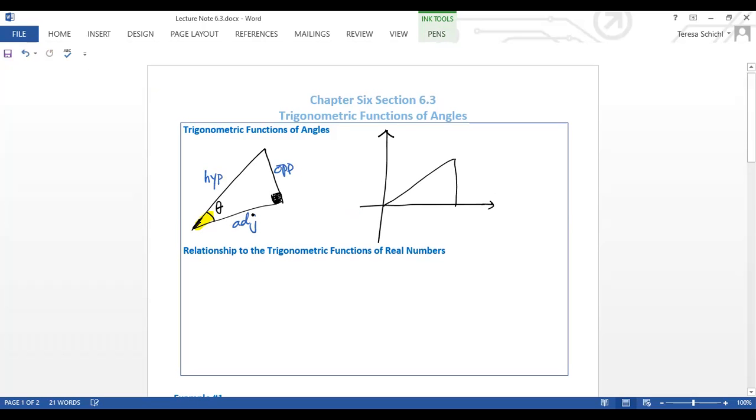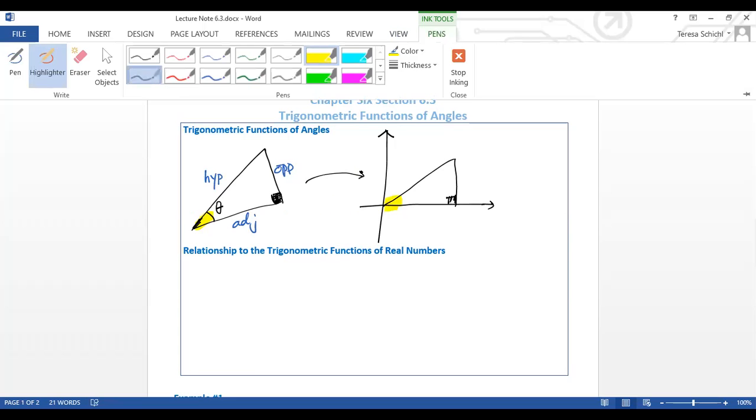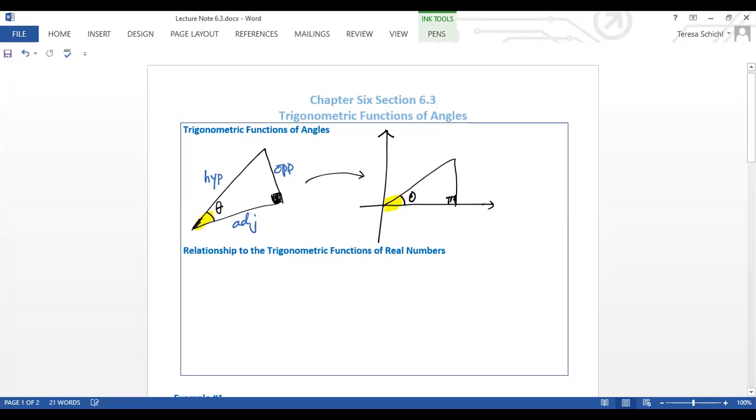So this right triangle moves to the coordinate system. Make sure you put your angle here; this is still my theta. Now the hypotenuse ends at the terminal point P(x, y).